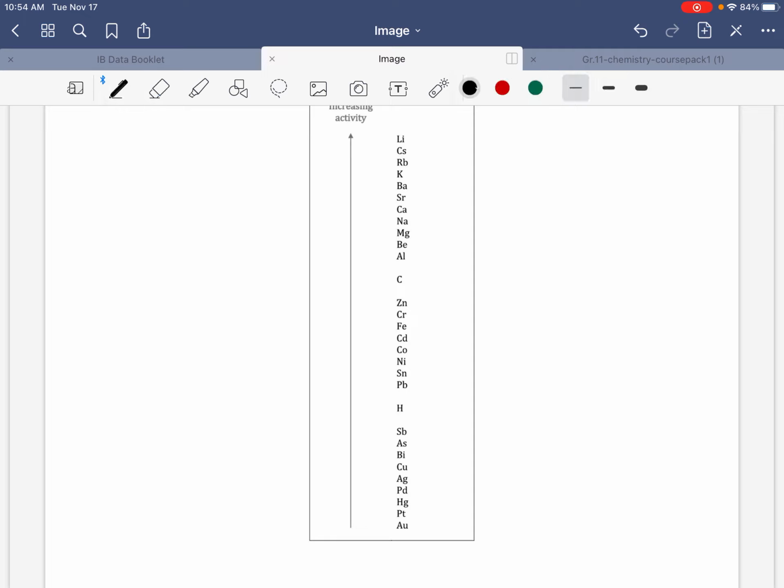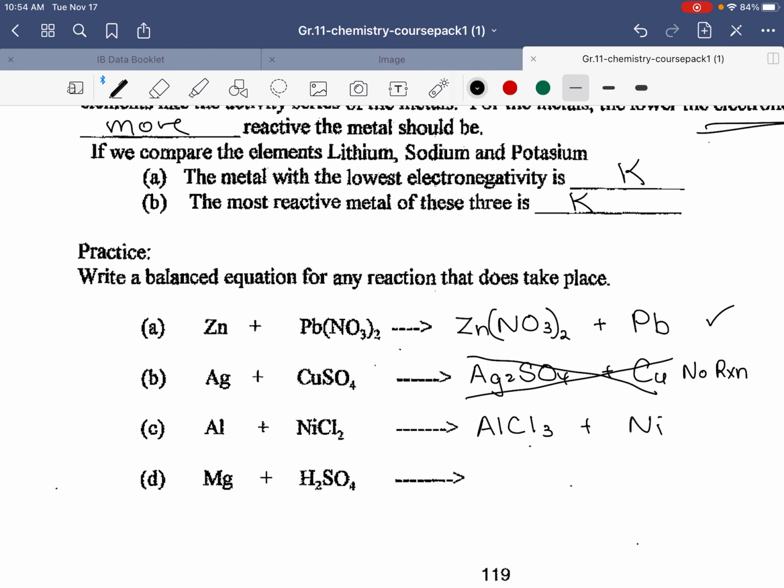Here's aluminum and here's nickel. Oh, looks like it will. Aluminum is definitely higher than nickel, so this reaction will happen. You're just gonna have to make sure you balance it to make it complete.